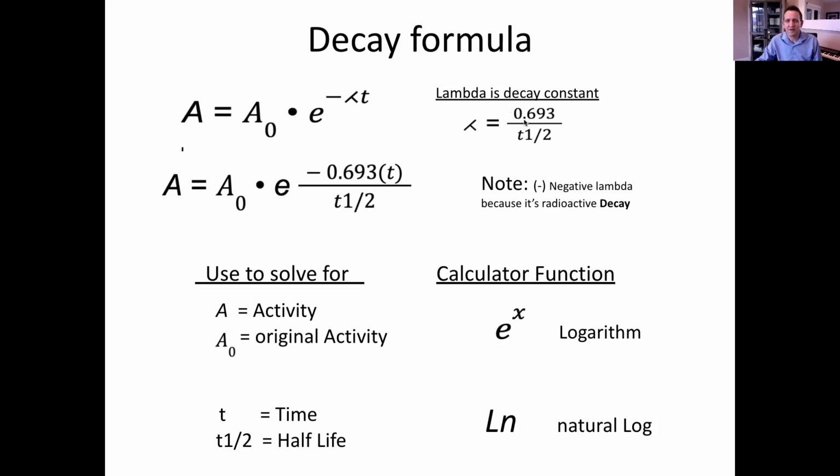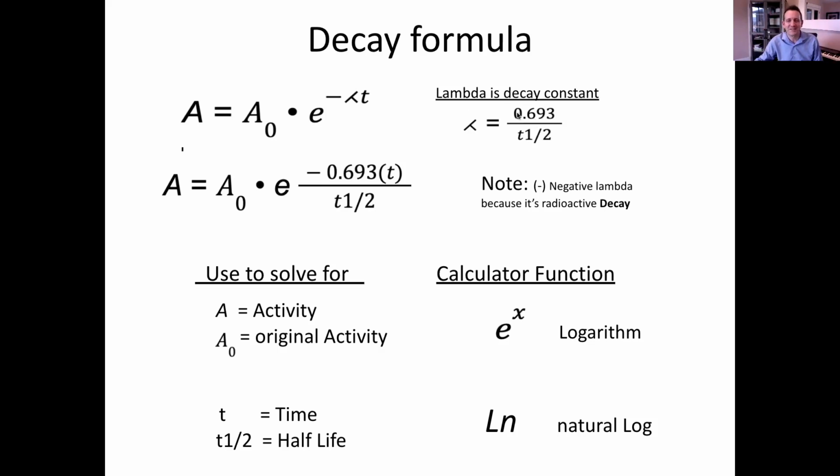This number up here is what's called Euler's constant. And Euler is a scientist way smarter than me. He came up with a way of mathematically describing something that is happening at a constant rate, okay? So what you need to know is that lambda represents 0.693 divided by half-life. You're gonna have to memorize that, 0.693. Put it in your head, okay?